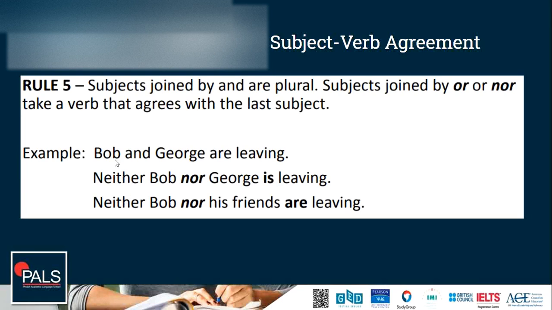So for example, here Bob and George are leaving, automatically that's plural. But for nor, George is singular, so I say is, but in the second example, his friends is plural, so it's are. So we always follow the noun that is near the verb.